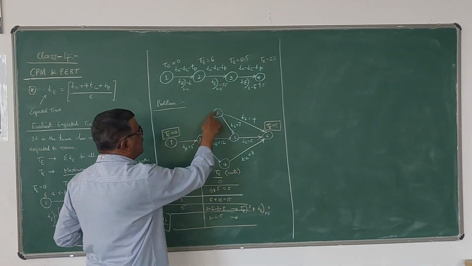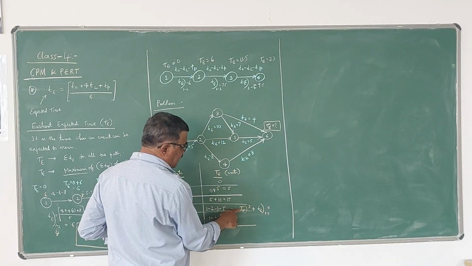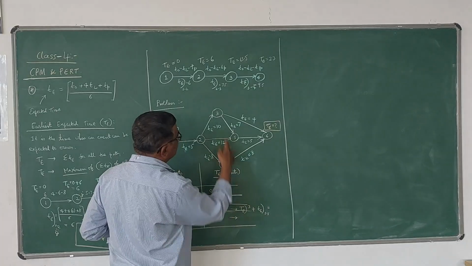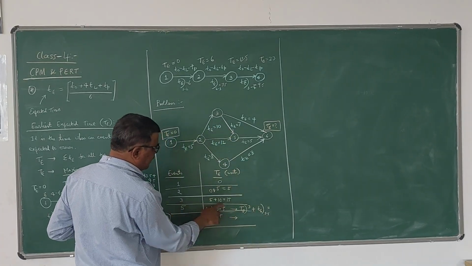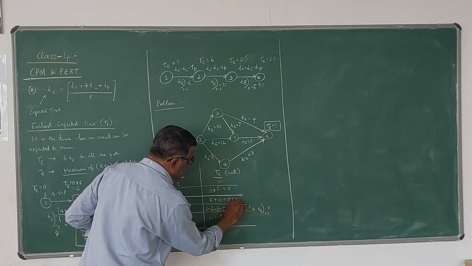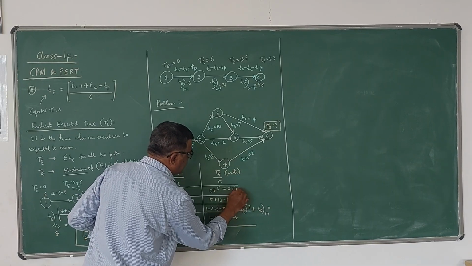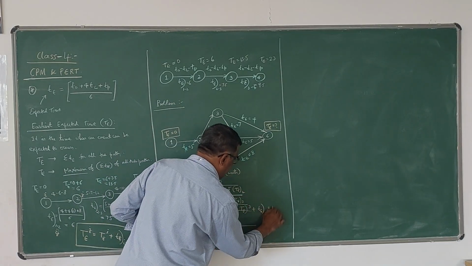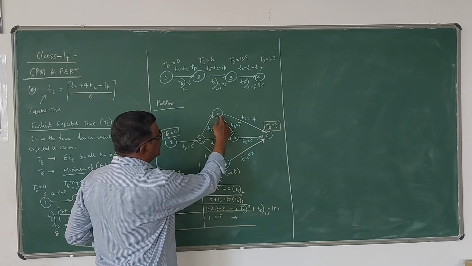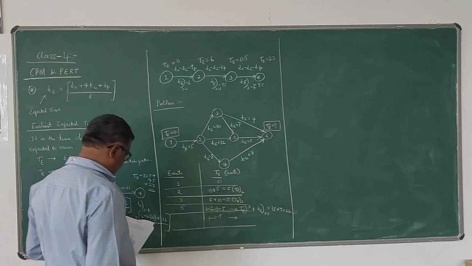For this path, the previous predecessor event is 3, so I take capital T of 3 plus small t of the 3,5 activity. Please note that this is T3, this is T2. That means this is 15 plus, for this activity, 7. So 22 is the answer there.